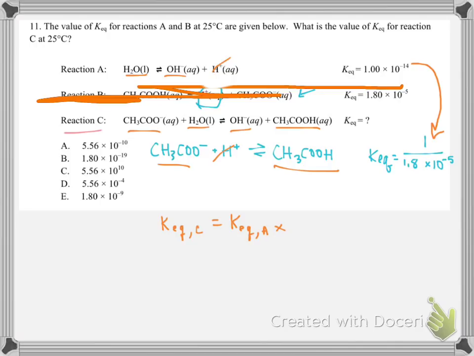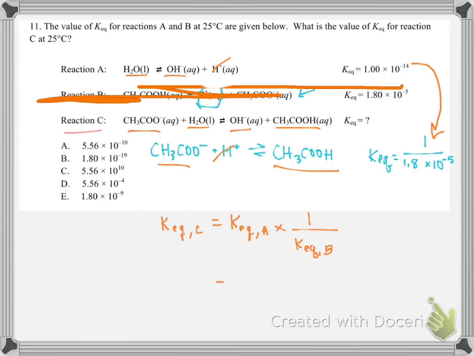We're going to multiply that together with 1 over KEQ for B, because we did go ahead and flip that. We didn't have to change any of the coefficients, but if we did, then we would just have to put our multiplier in the power. So if we had doubled the coefficients, we would square the KEQ. If we'd halved them, then we would take the square root of the KEQ, and so on and so forth.